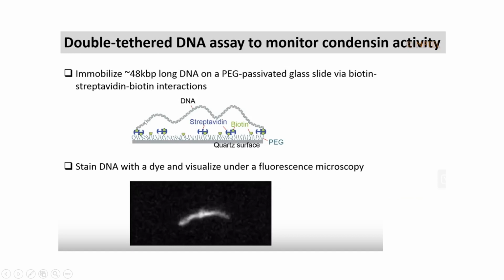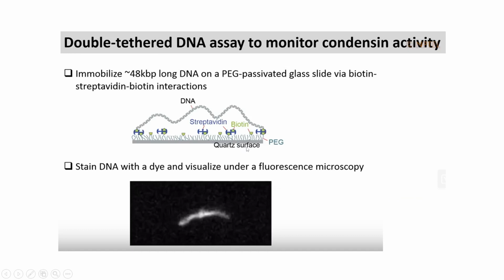Then what they did was immobilize the DNA first onto the pegylated glass slide. The pegylated glass slide will bind the DNA, and there is a streptavidin-biotin interaction. The ends of the DNA are bound by biotin, and streptavidin will interact with the biotin, and that is how the DNA gets fixed onto the pegylated glass surface.